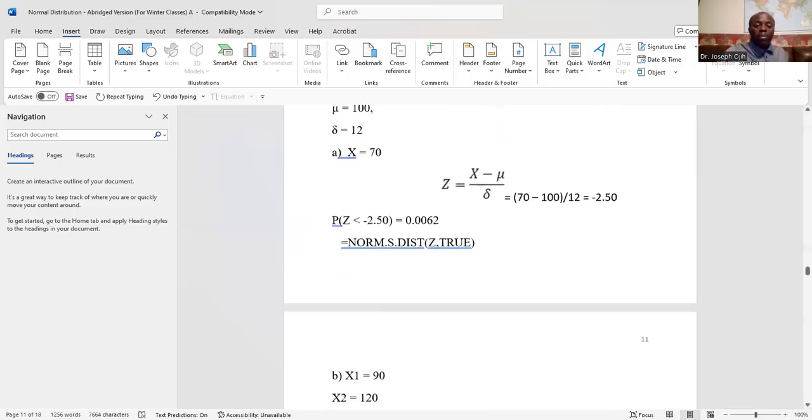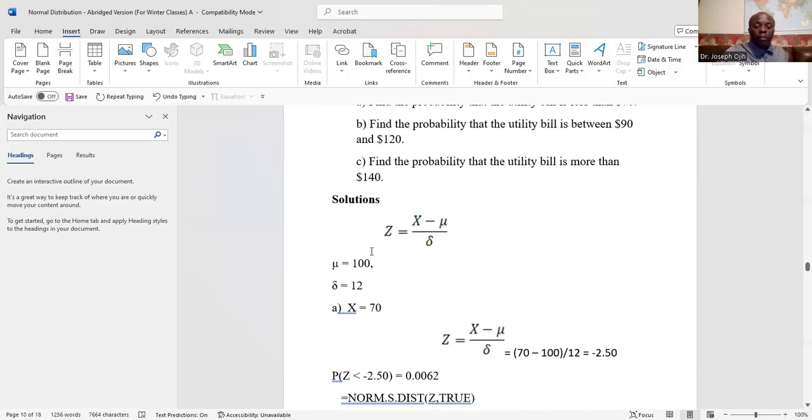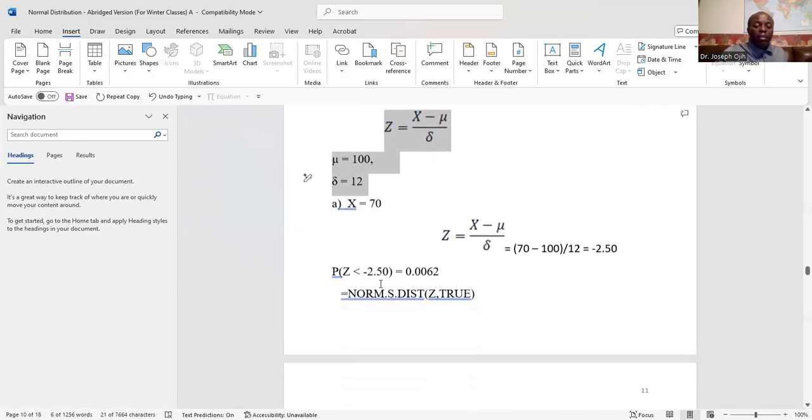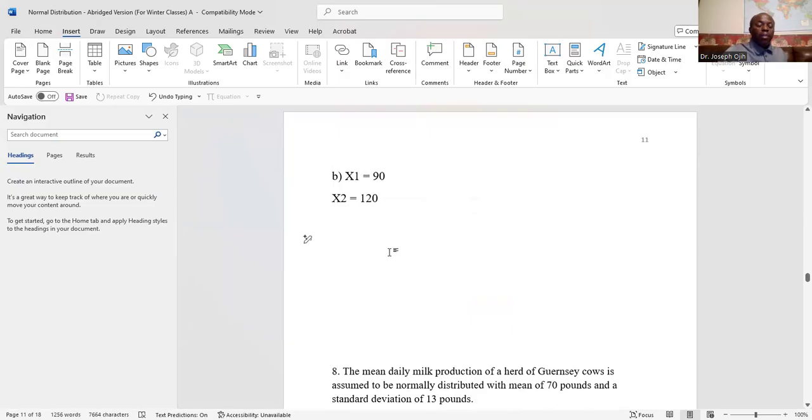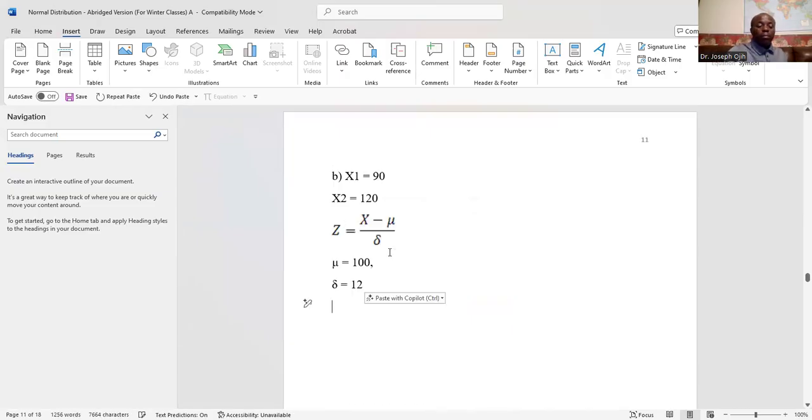And remember that our mean and standard deviation are still the same. So we're going to be using the same formula and the same mean and standard deviation. So I'm just going to copy it from here and paste it here. I'm still using the same formula.